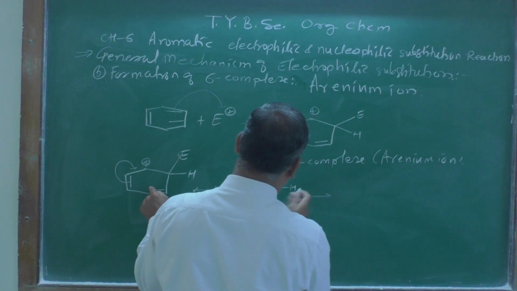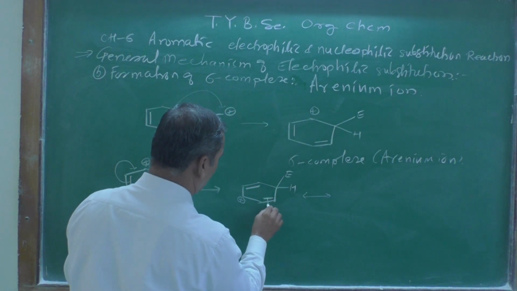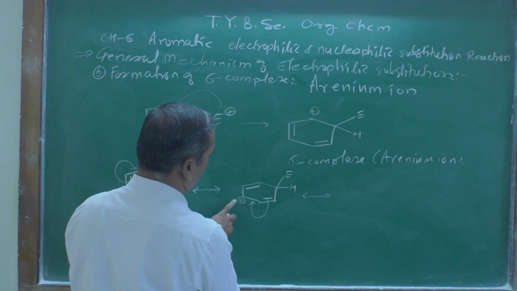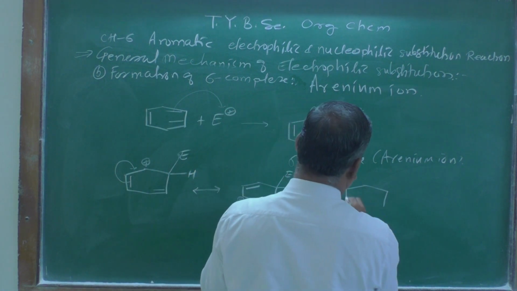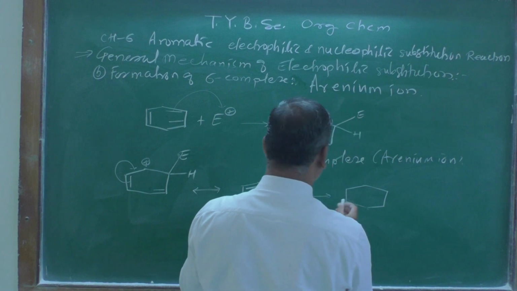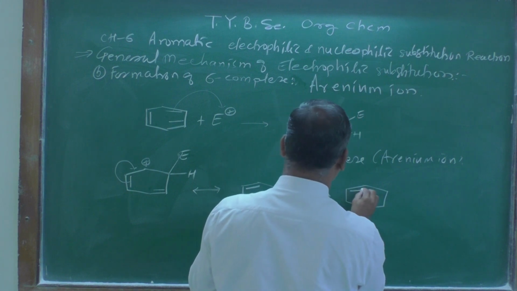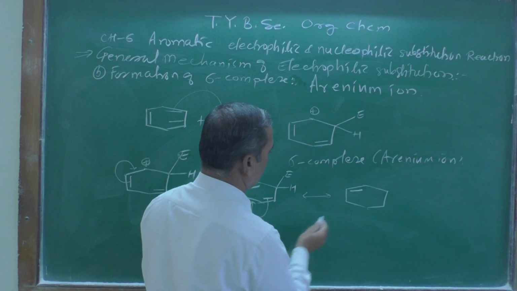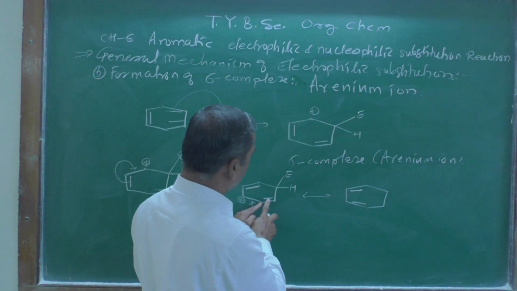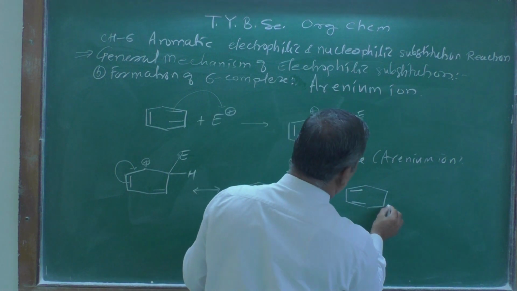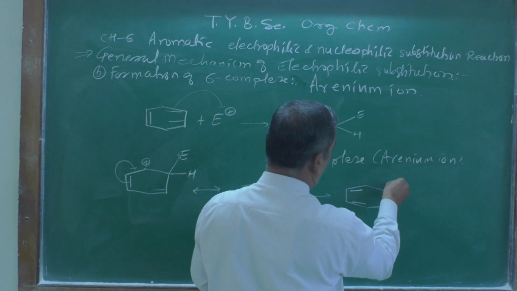Now again we can shift this double bond from here to here, neutralizing this positive charge, and you are going to get this one. This double bond is already there. Look here, and now when this double bond shifts from here to here, the positive charge comes on this carbon atom.